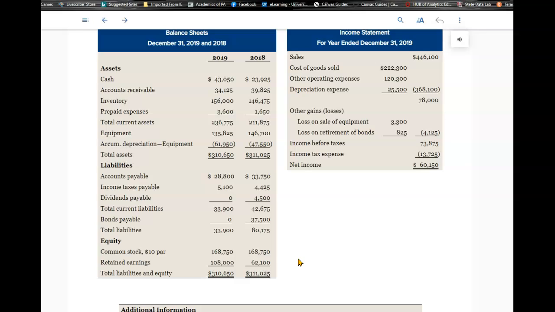So if I take the $62,100 and I add the income reported of $60,150, that gives me a total of $122,250. Okay, $122,250 was too high. That means that there was something that decreased it. They told us the only thing that could be decreasing it would be dividends.